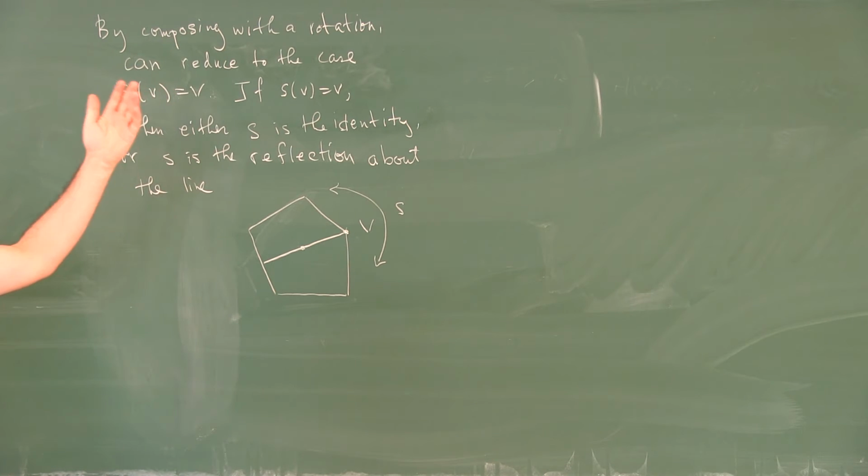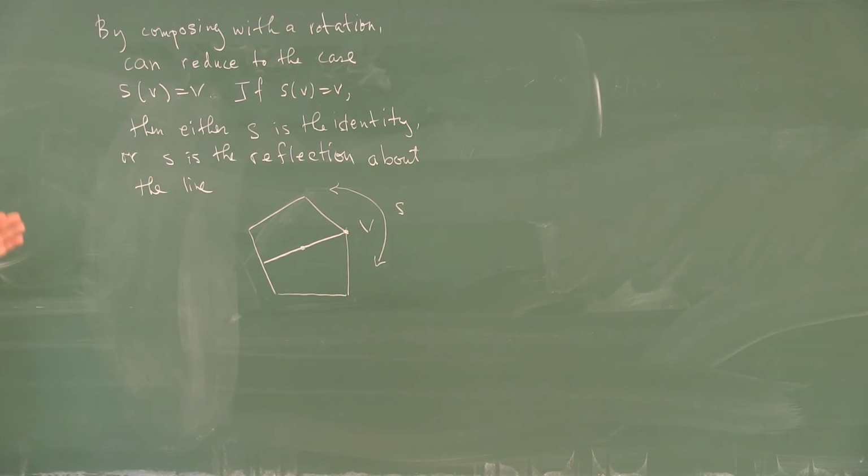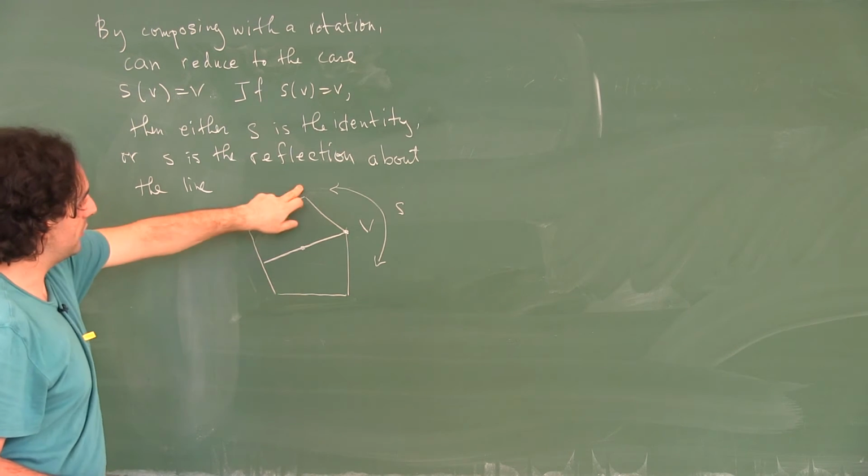So now if we think about how many elements this group D10 has, for the original rotation, I have 5 possibilities. I can map V to any one of these 5.